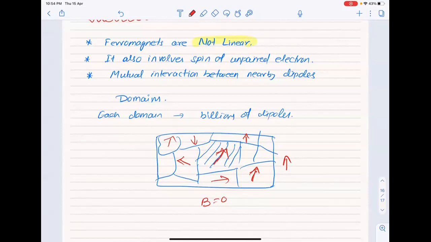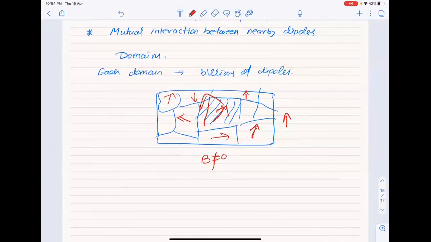Thereby, one domain can literally grow and cover the entire system, and you have one particular alignment like that. And that is when B is applied. If the field is very strong, this will be like a perfect alignment, and the whole system will be preferentially oriented along the field direction.